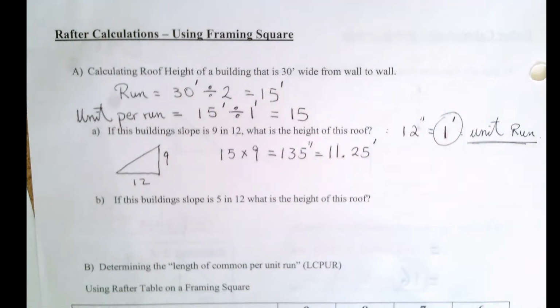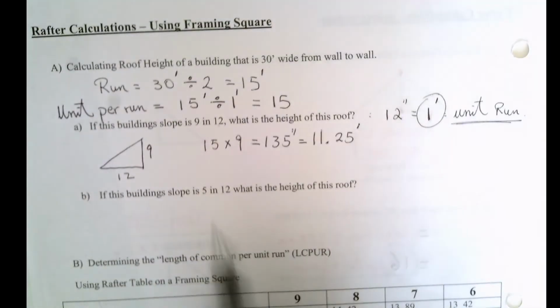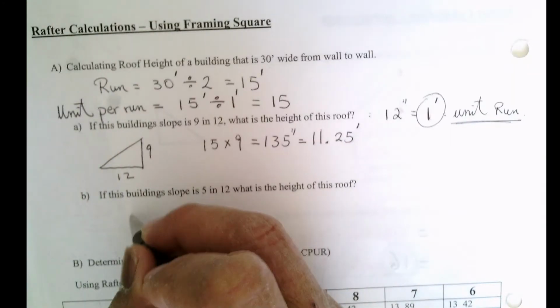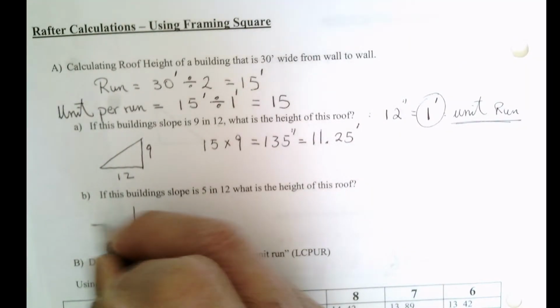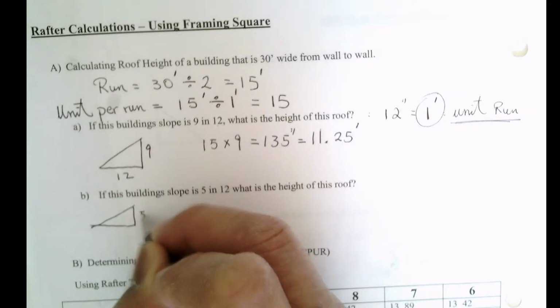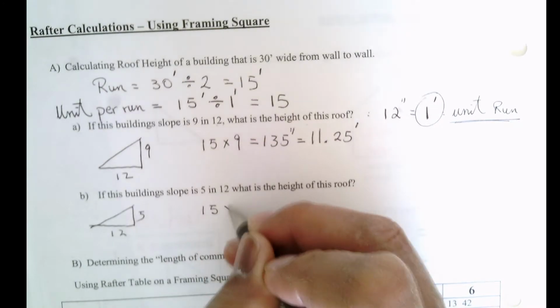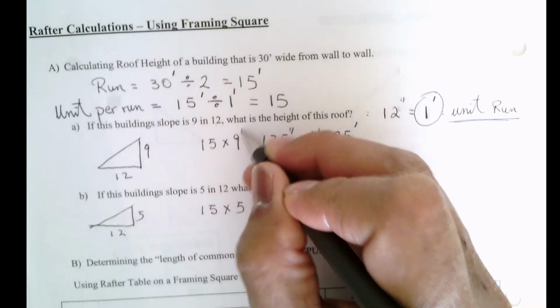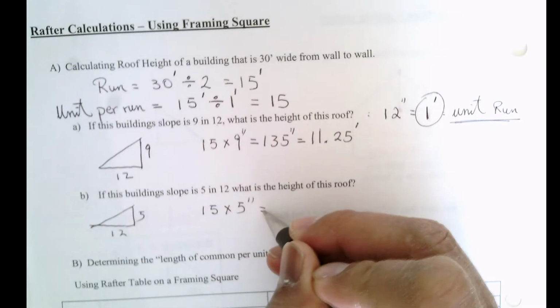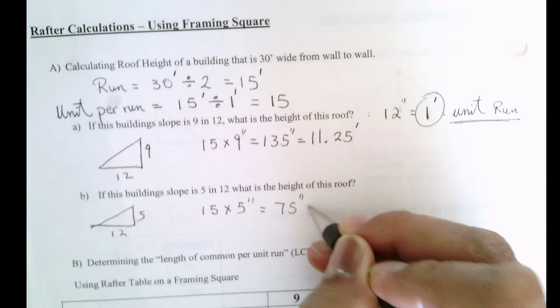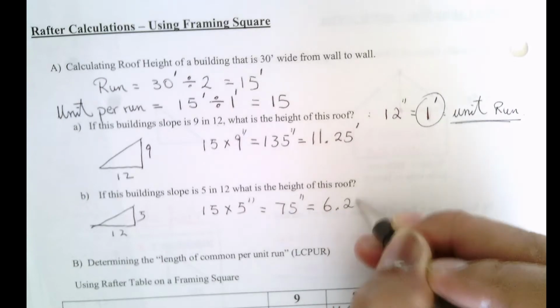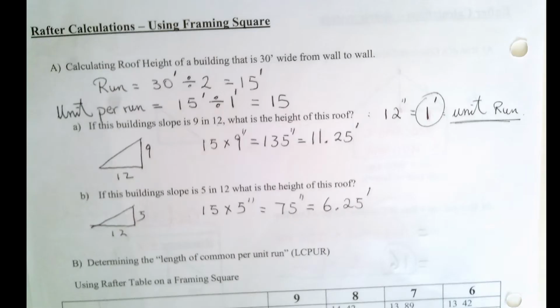Okay, and if the building slope is 5 to 12, then it's 15 units times 5. That gives you 75 inches, which is 6.25 feet.